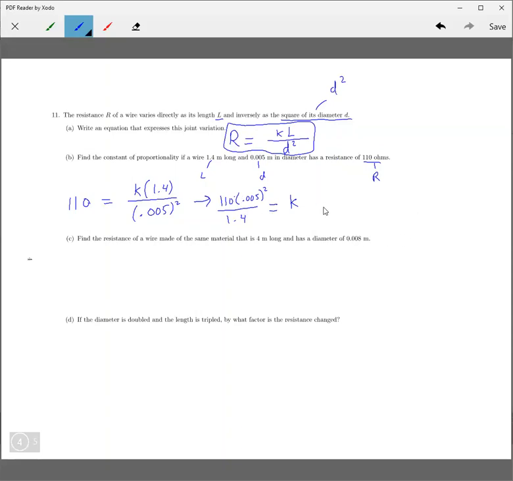And the instructions say to round to 6 decimal places. So I put this in the calculator, and rounding to 6 decimal places, I got 0.001964. Like that.